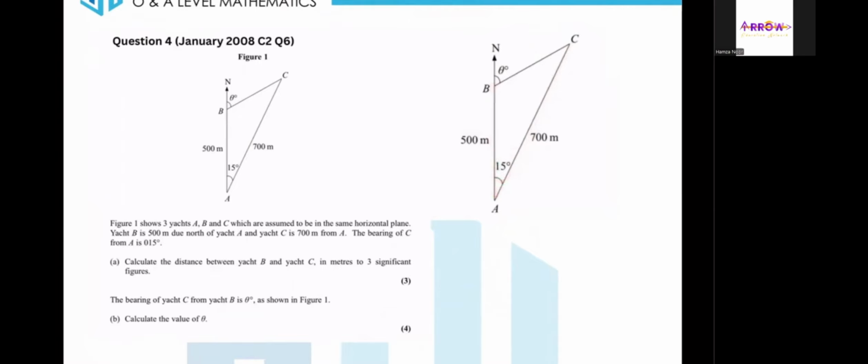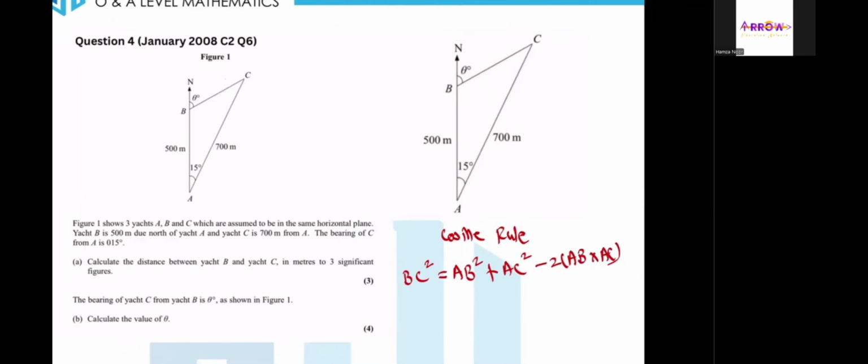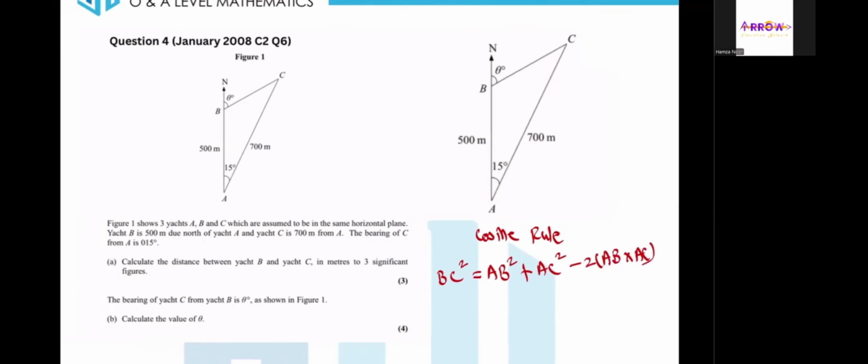So if I use the cosine rule, I can make the formula in this way: BC square is equals to AB square plus AC square minus 2 times AB times AC multiplied by cos A. In this way, I've made the formula over here.